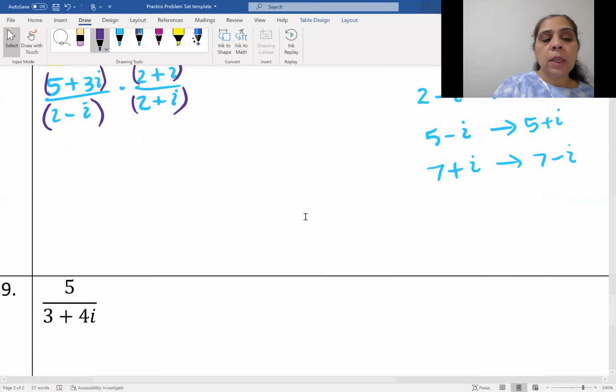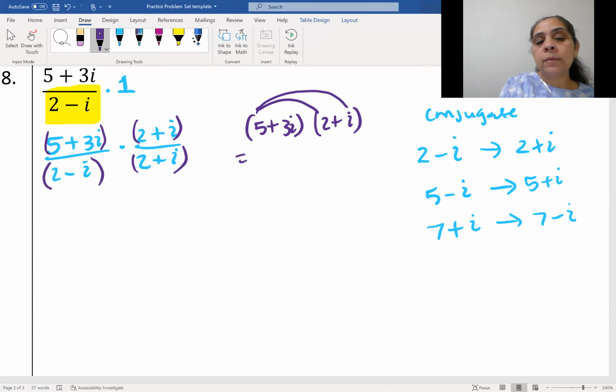We have 5 plus 3i and 2 plus i. We will just distribute 5. So 5 times 2 is 10. 5 times i is 5i. And then we will distribute 3i. So 3i times 2 is 6i. 3i times i is 3i squared.